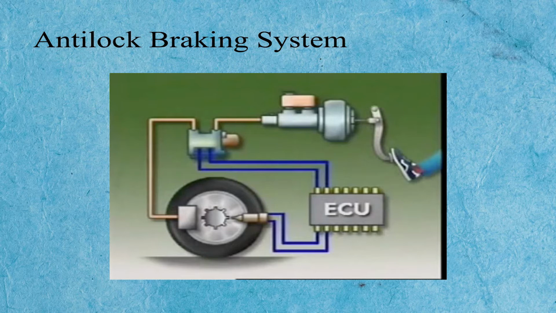Then the program running in it says, oh, I've got to do something here. So it sends an output message out to the braking system and controls the actual hydraulic system that applies pressure to the brakes on and off much, much faster than a human can. And it helps you maintain control of your automobile in the wintertime.